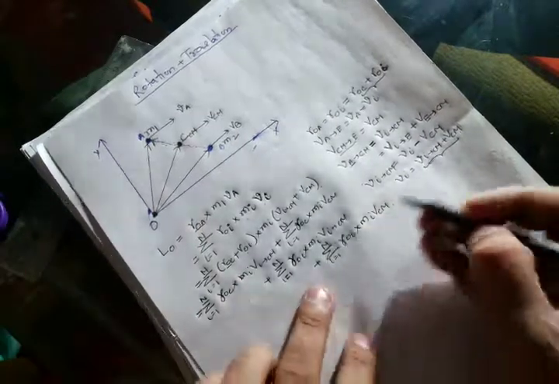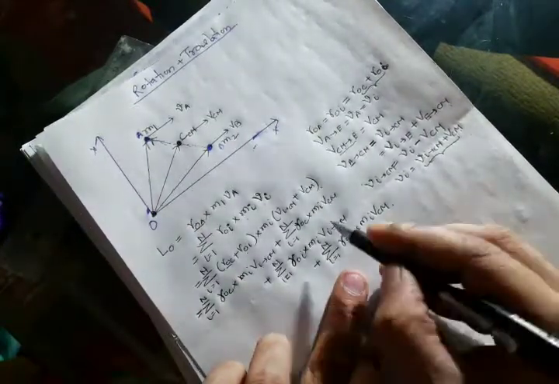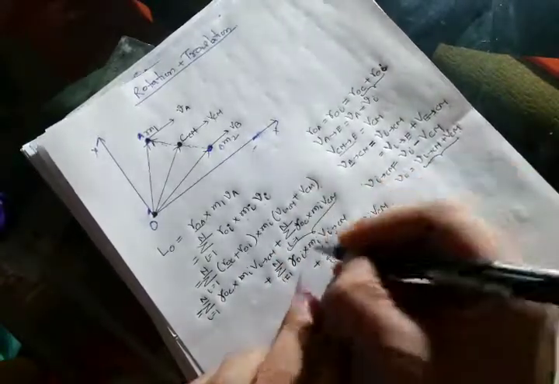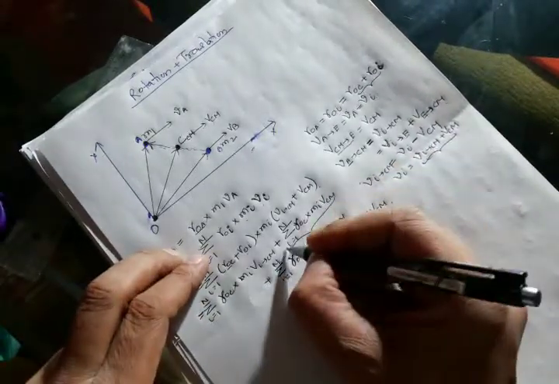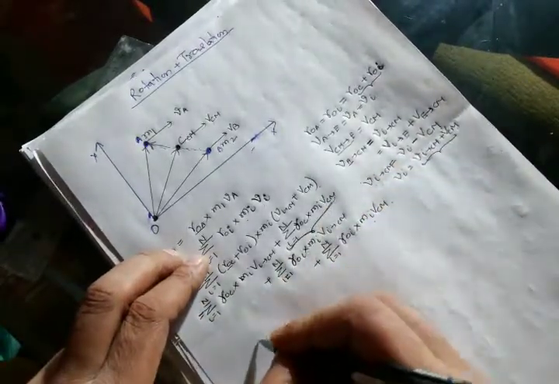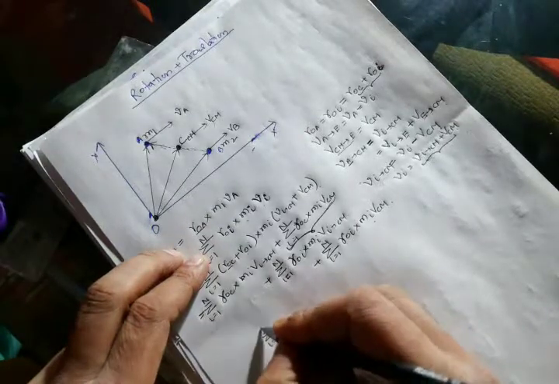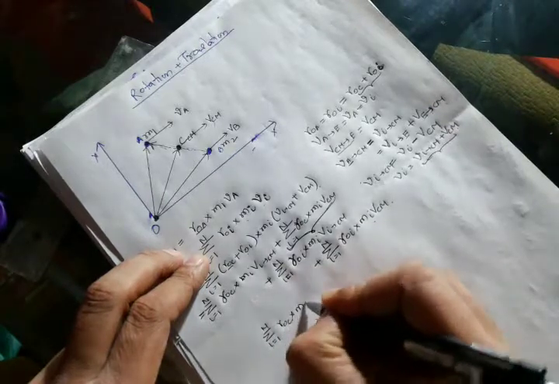So first I am going to calculate this one. This part will be the sum from i equal to 1 to n of ROC cross MI VCM.